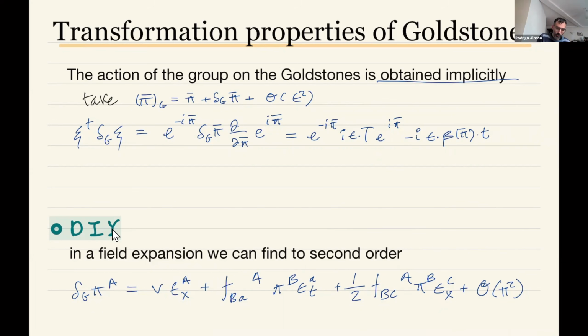So let's assume that the Goldstones pi bar in particular transform under G and have an expansion in which we get the first term in that epsilon series that we call delta G pi bar, just like we did before.